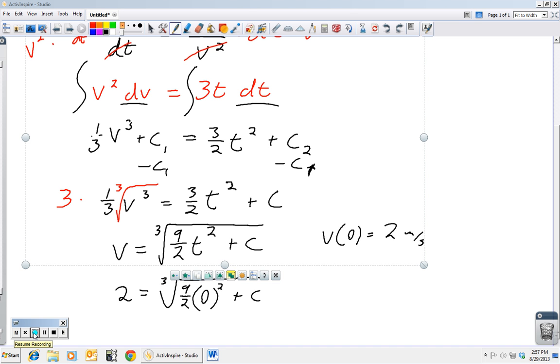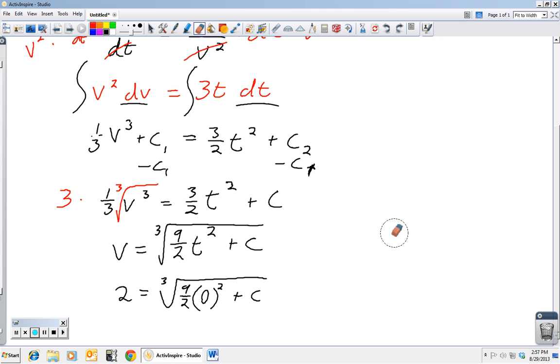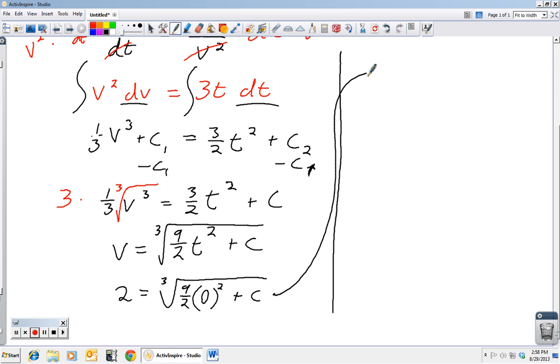We're going to use this to solve for our c. So we've got 2 is equal to the cube root of c, because that 0 makes the 9/2 go away. Let's raise each side to a power of 3. So 2 times 2 is 4 times 2 is 8, which is equal to c.